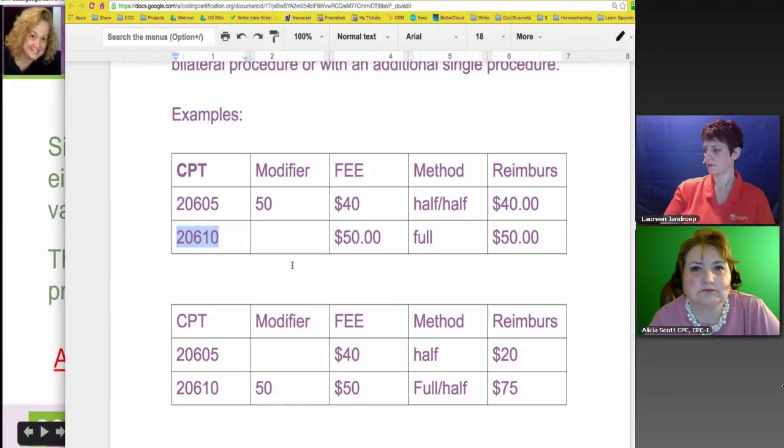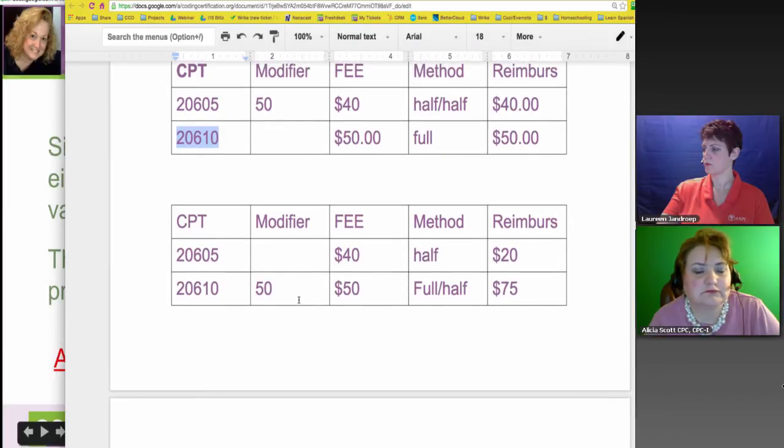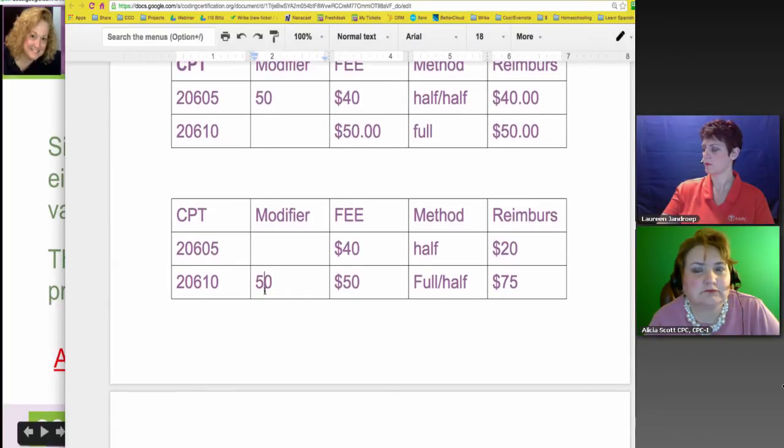So that one would get paid in full, the 100%, and then the 20605 with the 50 modifier would get paid at half and half, so 20, 20, and that one would be 40. In the next example, all I did was put the 50 modifier on the 20610. So that one is going to get paid in full and then a half to equal up your 150, so that's going to be 75. And then your 20605 is going to get paid at half, which would be 20.